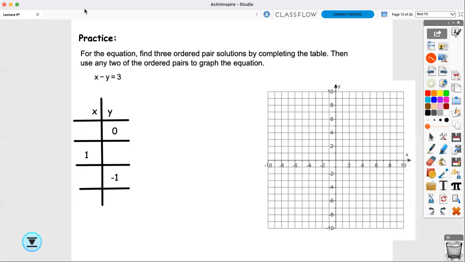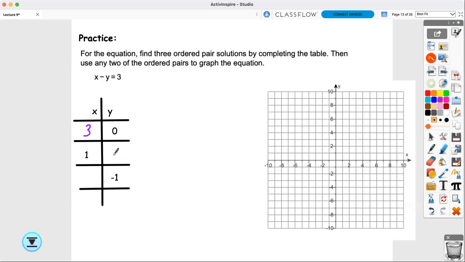So what did you get for the first X value? Anyone want to show what they got? Three. Good, good, good. If you got a 3 for the first X, correct.